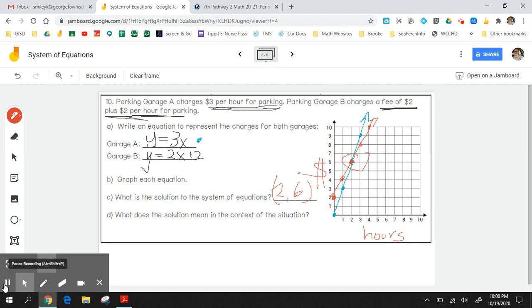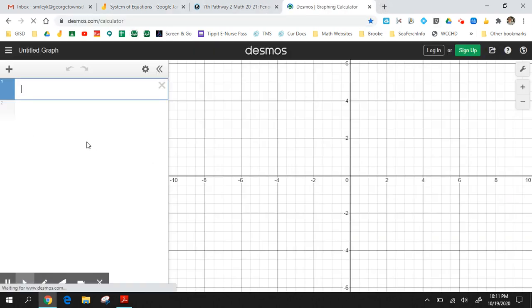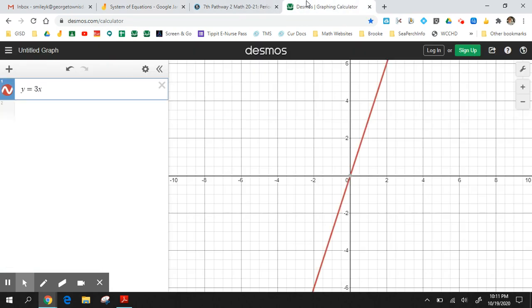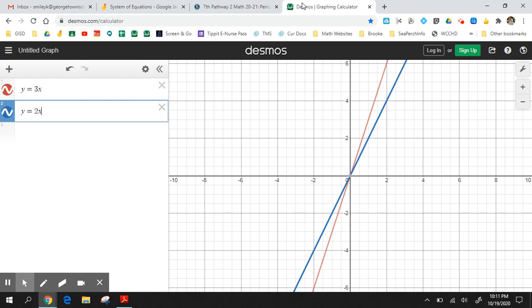Alrighty. Real quick, before I let you go, I want to mention pretty simply on Desmos, the graphing calculator, you can type in what was ours? y equals 3x. And then if you come down here to the second one, you can type in y equals 2x plus 2. And it does show you both graphs.